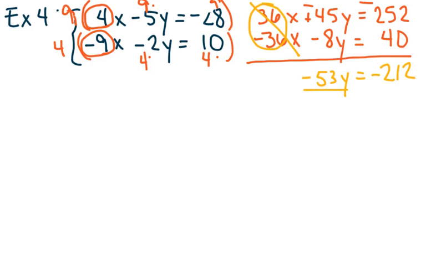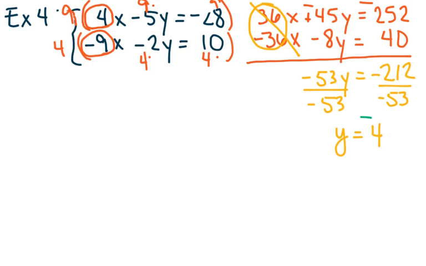Divide both sides by -53. And we get y equals 4.